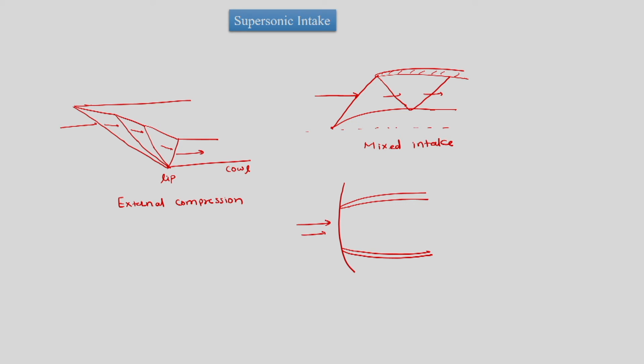So, this is a normal shock intake, where the major static pressure rise would happen with the shock, and the corresponding total pressure loss would also happen with the shock, and the rest of the pressure rise will take place in the diffuser or intake.